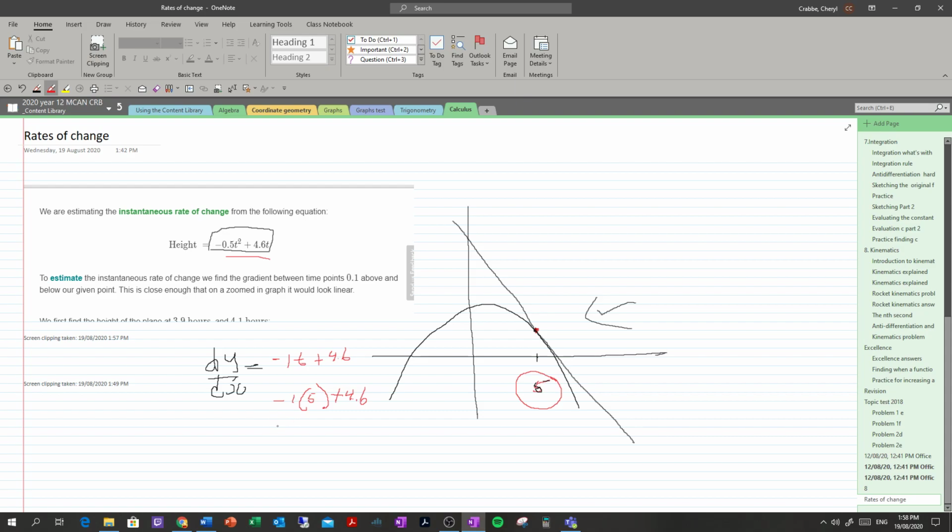That value, -5 plus 4.6, is -0.4. In kilometers per hour, or whatever the units are, at that point the plane is traveling at 0.4 kilometers per hour. I'm making it up now. That's what we're looking at, and that's what a derivative basically does.